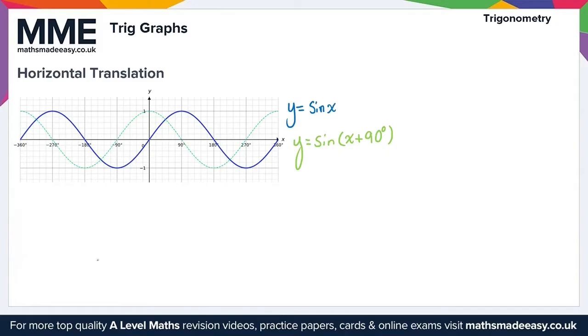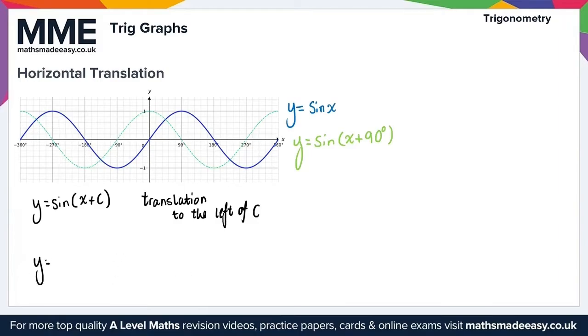Now we can write this in its general form. If we just take a general example, let's say y equals sine of x plus c. Okay, this is a translation to the left of c. So what about, for example, y equals sine of x minus 45 degrees?